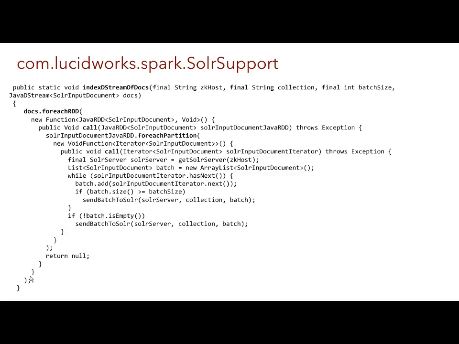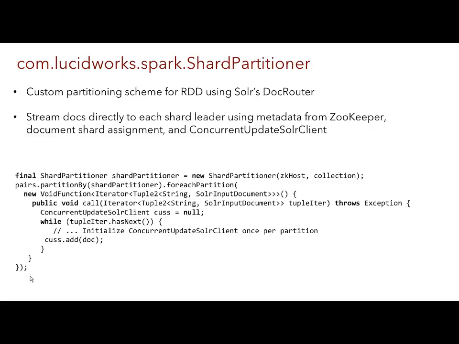The last thing I kind of want to talk about is, as you're partitioning, say tweets are flowing in, you can use this concept of a custom partitioner to decide where documents are routed inside of the Spark cluster. And we're providing, and continuing to flesh out, this shard partitioner so that you can actually directly send all of the docs that are intended for the same shard leader through the same task.